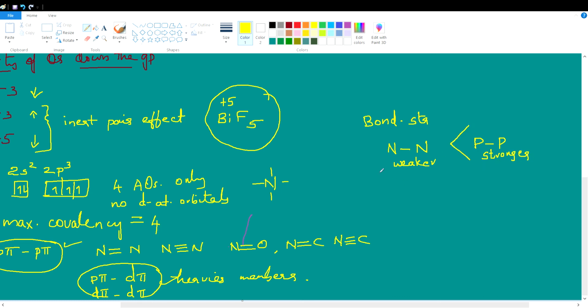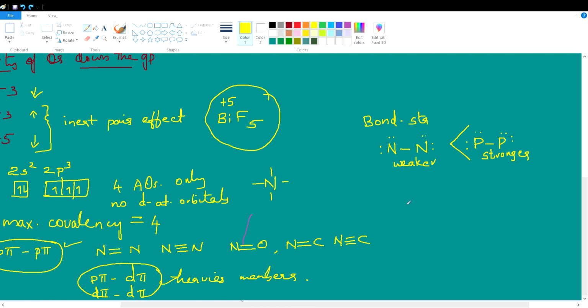This is due to small size. There would be non-bonding electrons, lone pair electrons, present in these elements. Here also there would be non-bonding electrons. In nitrogen, because of small size, the non-bonding electrons are much closer, and there will be more repulsion between the non-bonding electrons. Because of more repulsion, the bond is weaker in nitrogen.